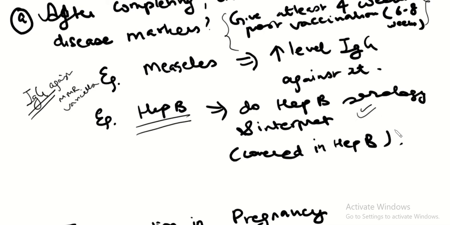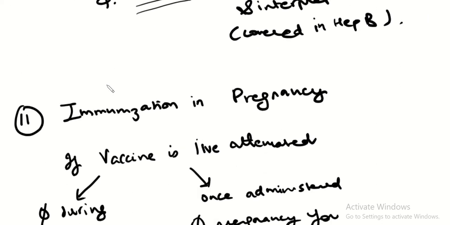We're going to cover this in infectious disease under hepatitis B. So if you're interested in looking at that one now, pause the video, go there, watch it, and you'd know. But essentially, we draw the blood to get serology for that particular disease. For most of the diseases, it's IgG against that particular disease.